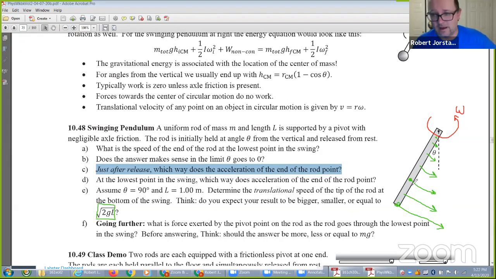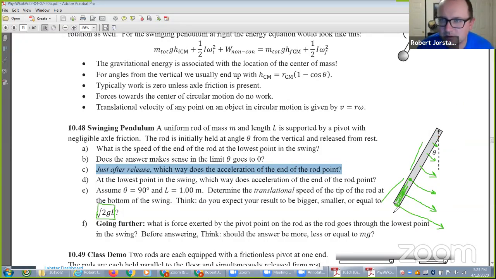I think 2/3 of the points are going slower than that, and 1/3 are going faster than that. So on average, it's a much lower kinetic energy. It just so happens that the point at the end is actually going faster than free fall.